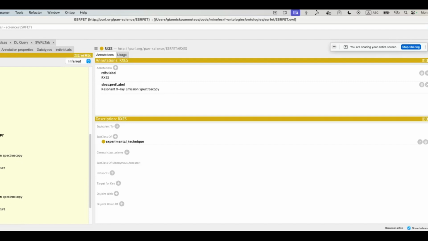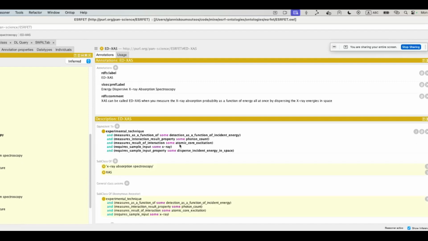Because if you go here, you see that there is a definition. And actually, this definition includes XAS, or X-ray absorption spectroscopy from PANET, plus the differentiating building block that we apply to it. And so the reasoner is able to create this kind of tree.